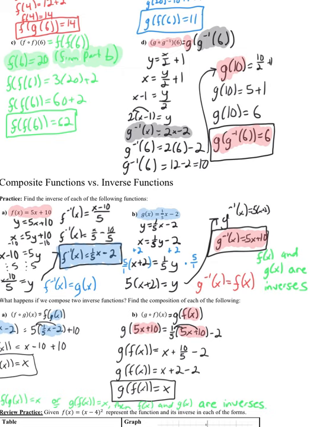What if I asked you to find g of g inverse of 10? What do you think the output's going to be? Go ahead and type that into the chat if you think you're on board with what I'm saying here. So right now it's g of g inverse of 6 equals 6. What if I said let's make the input 10 instead? What do you think the output's going to be if you're composing a function with its inverse?